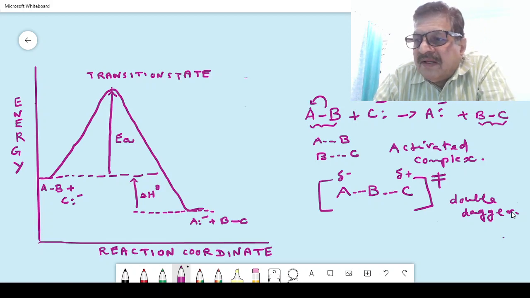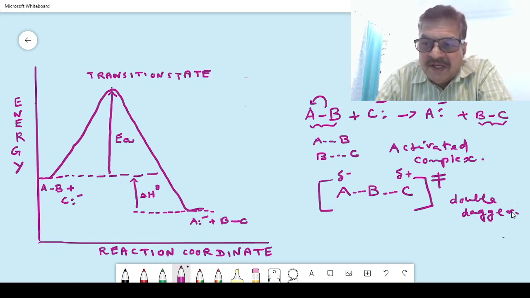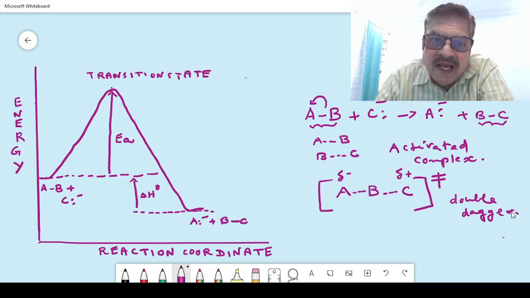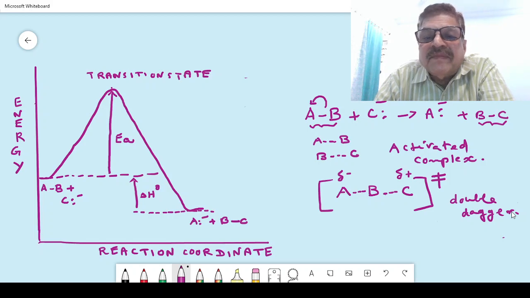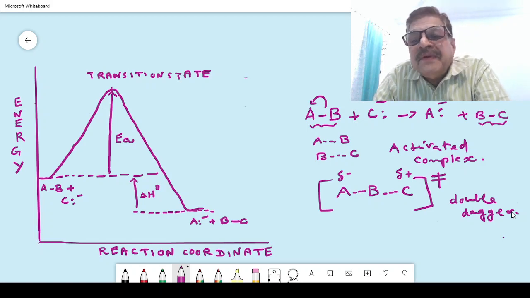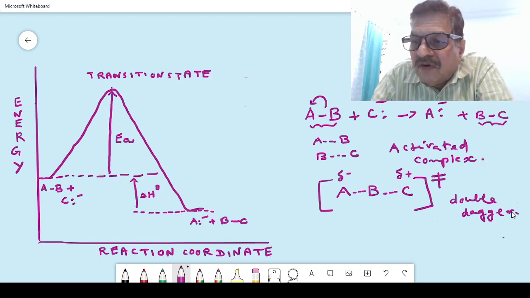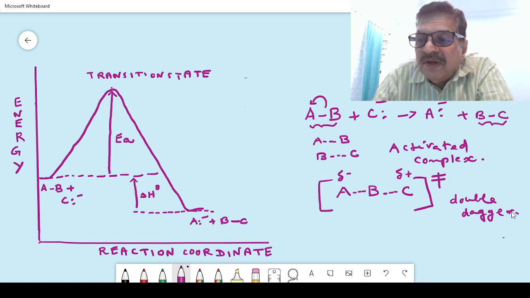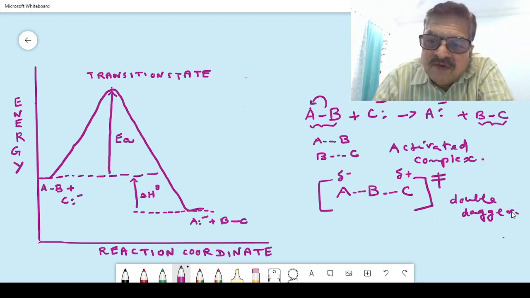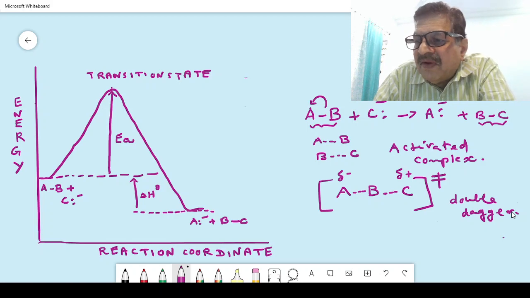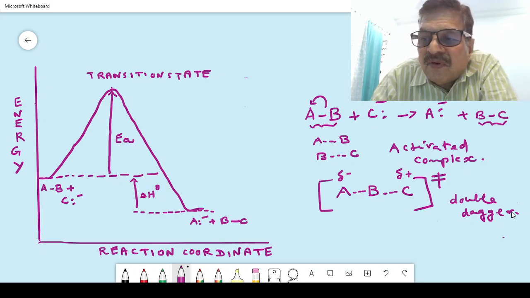As the new bond forms between B and C after the breaking of the AB bond, the energy decreases until some stable energy minimum of the products is reached.